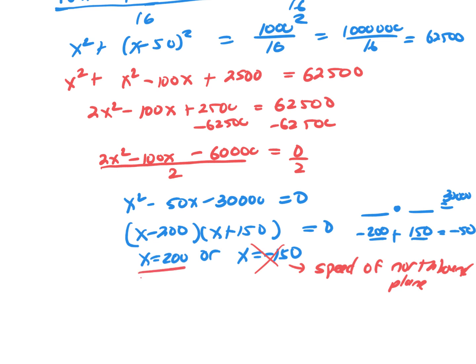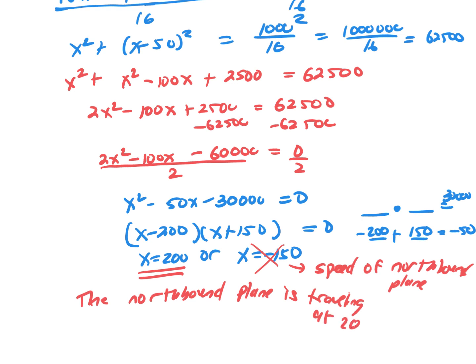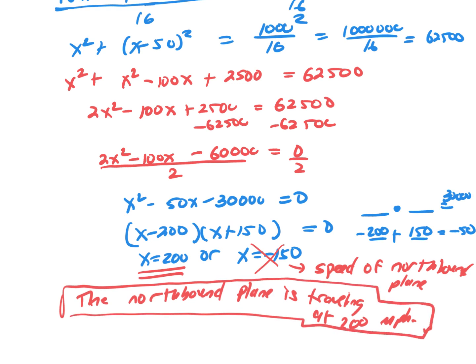So we can say that the northbound plane is traveling at 200 miles per hour. Remember to answer these types of problems with a complete sentence and also define your variables.